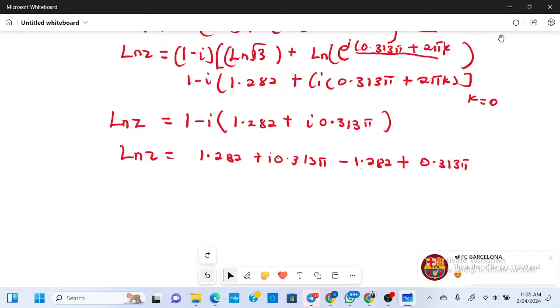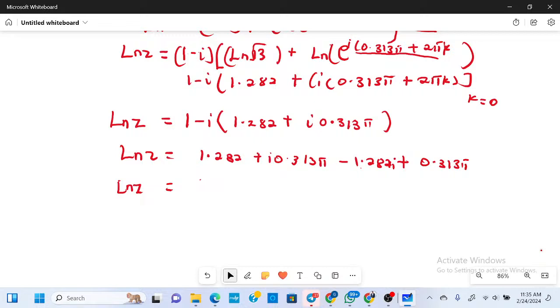So here I'll have i here, then ln z is equal to 1.282 plus 0.313 pi. So we can multiply this by putting in the value for pi, 3.142.